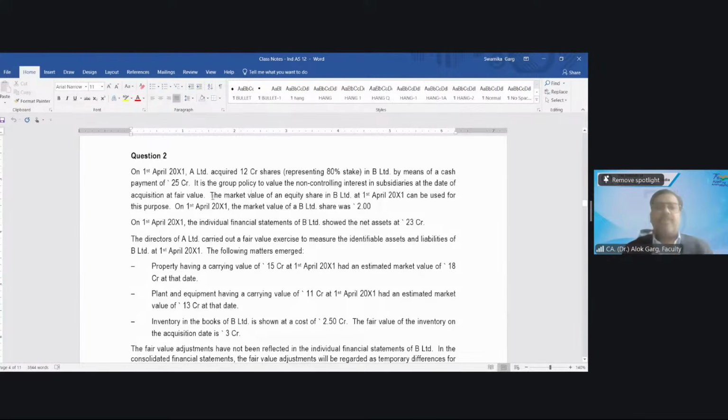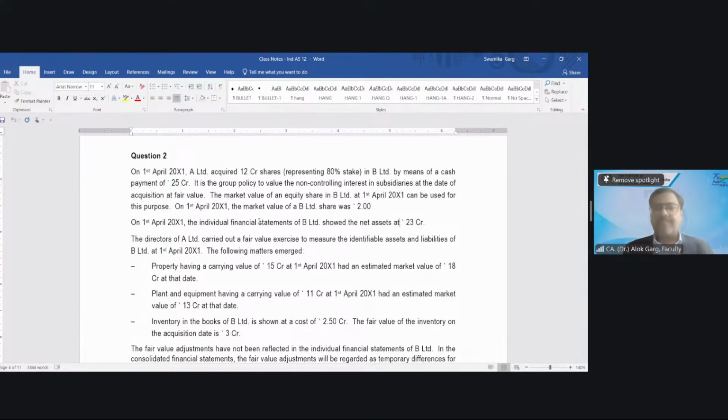The market value of an equity share in B Limited at 1st April 20x1 can be used for this purpose. On 1st April 20x1, the market value of a B Limited share was 2 rupees. On 1st April 20x1, the individual financial statement of B Limited showed the net assets at 23 crore.